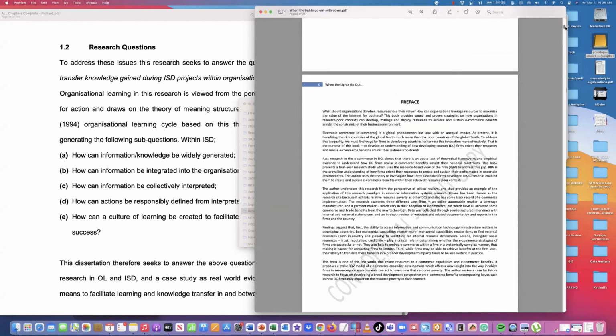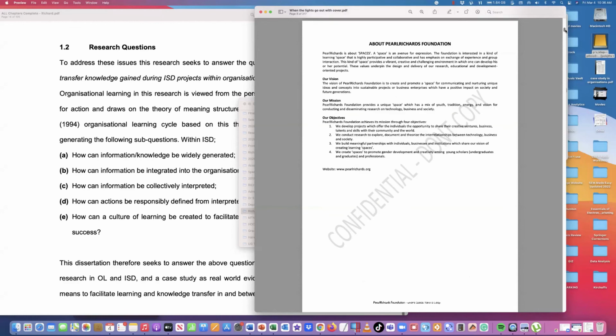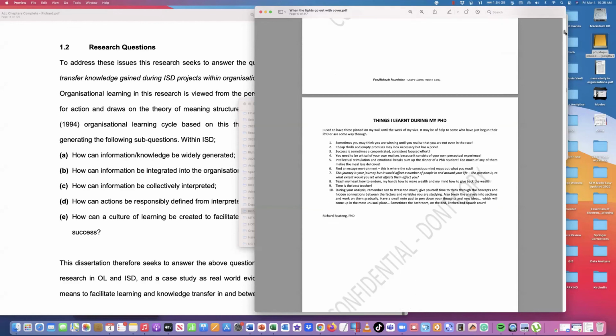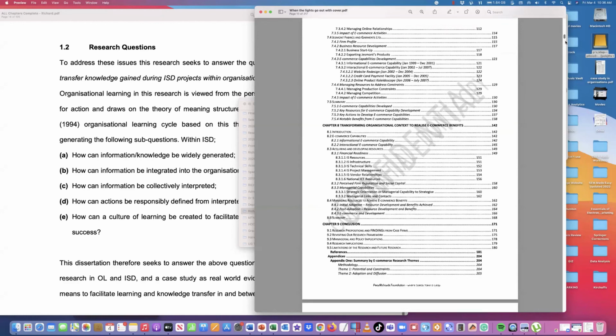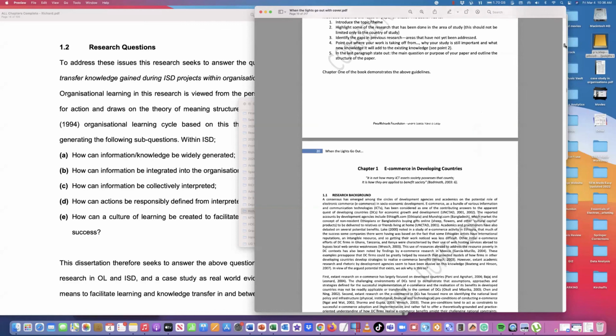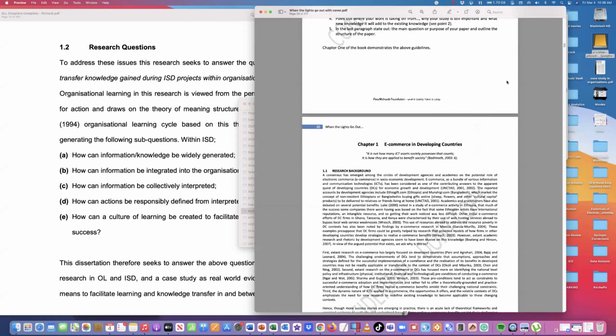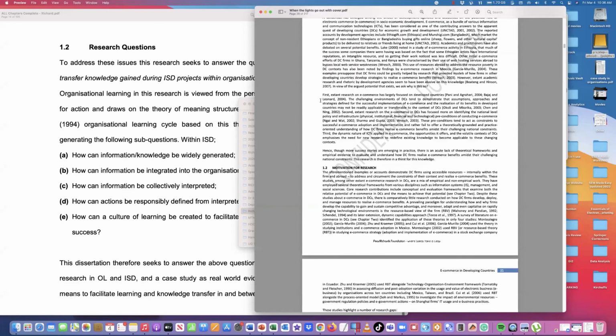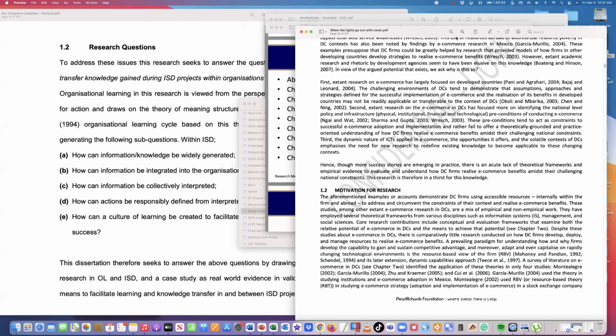Okay, so let's see something here. In my PhD, the rationale here was the same as the motivation for the research, why I'm doing the research. I just want to zoom in. I want to show you something here.